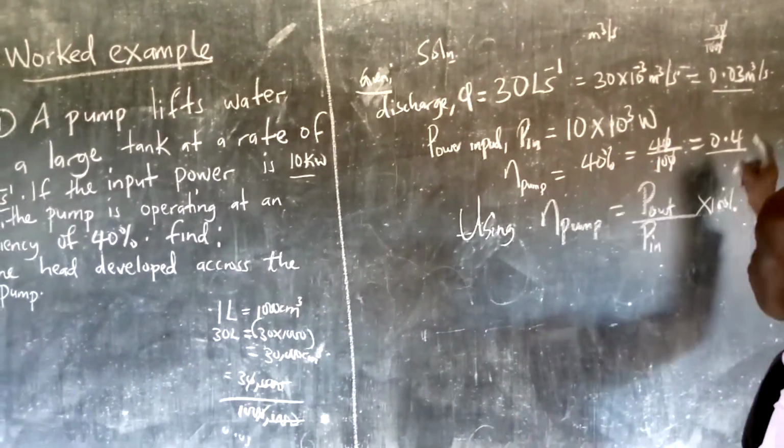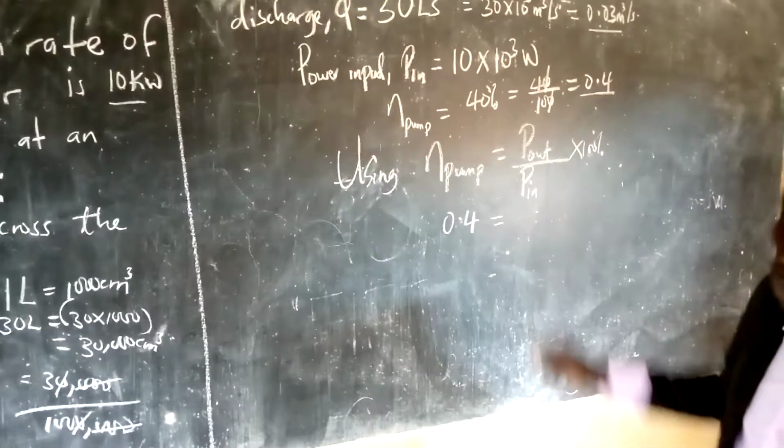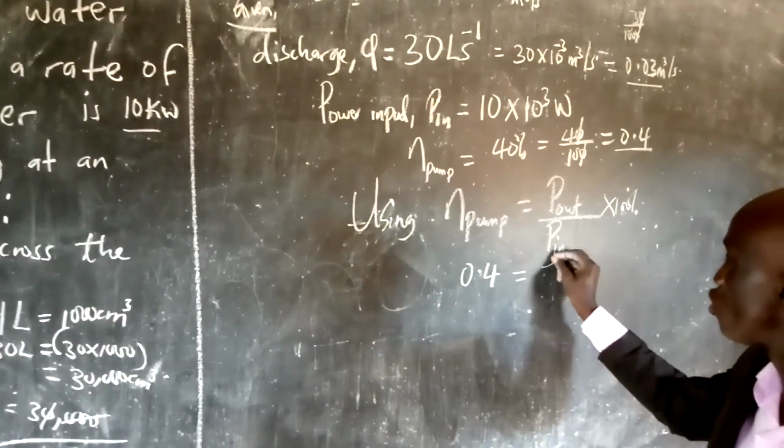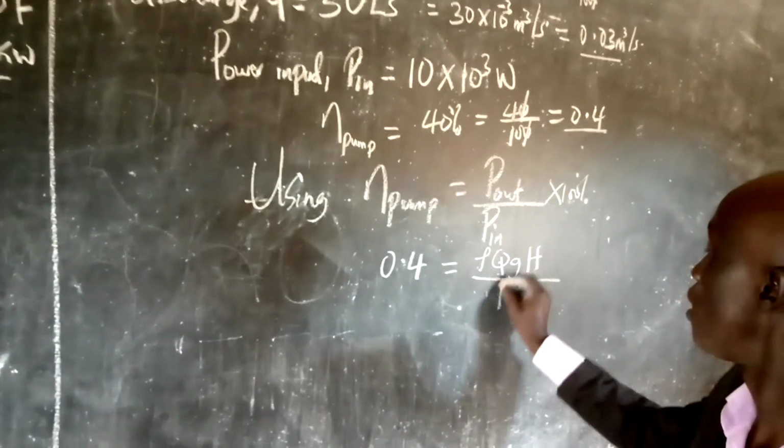So the efficiency of the pump, we have 0.4, not to waste time. It's equal to the power output. We derived the formula a long time ago, so it will be rho Q times g times H over the power in.